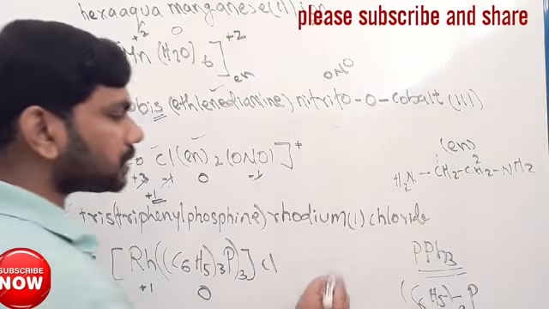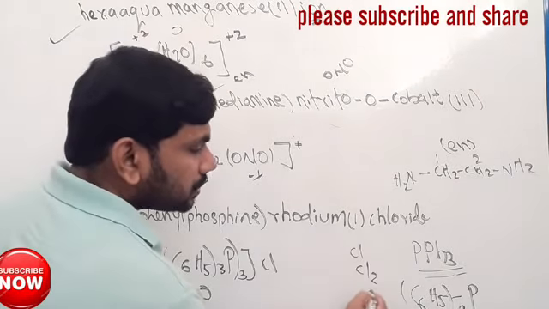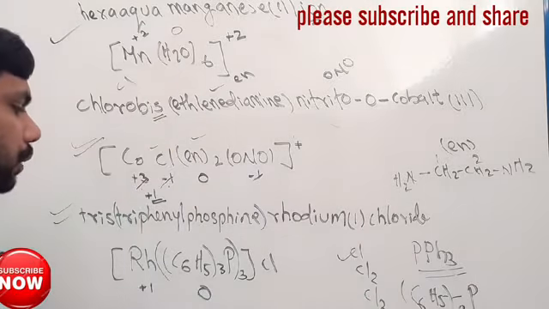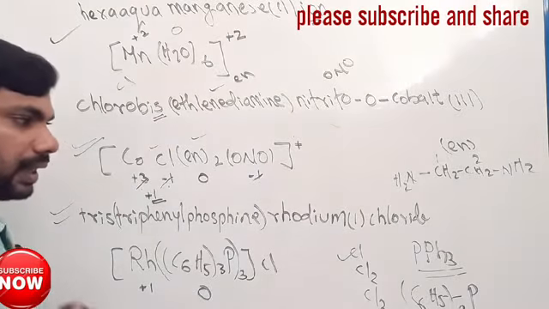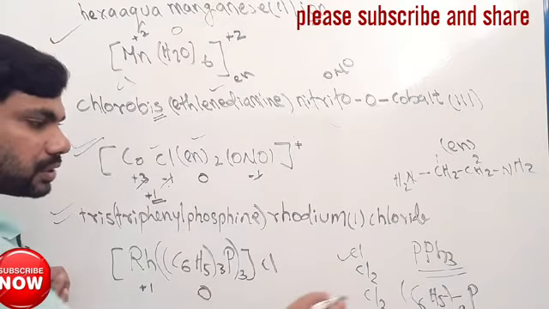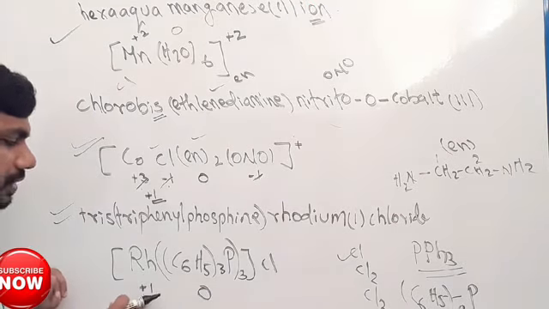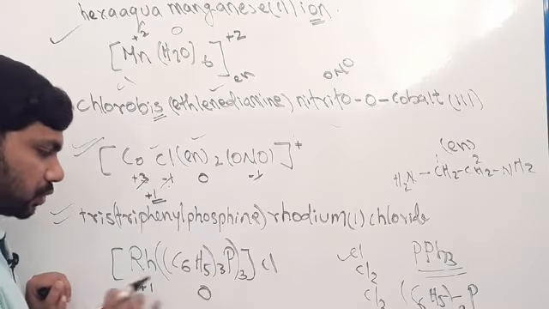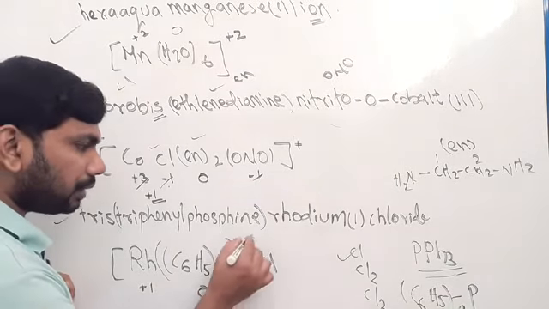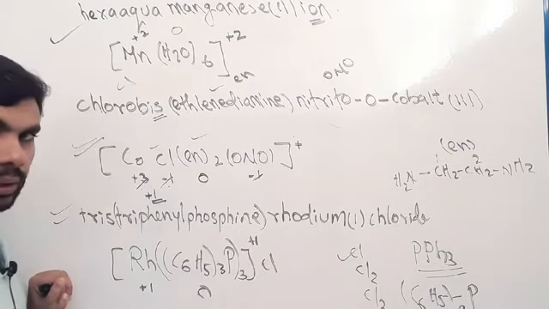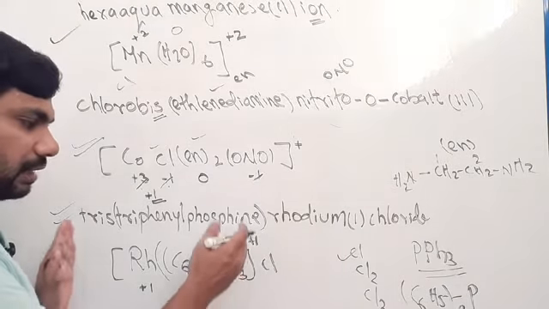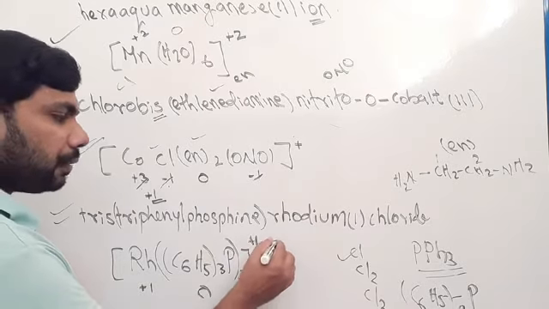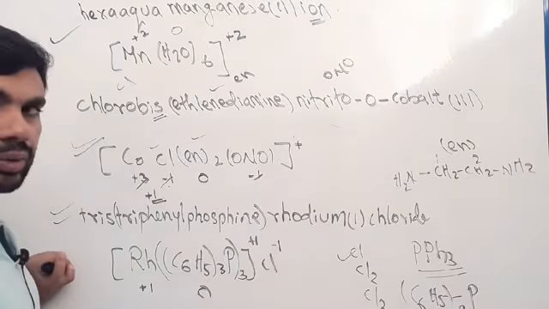So there are many possibilities, maybe Cl, Cl2, Cl3. Here we choose Cl. Why here Cl, not Cl2 or Cl3? Look here, Rh is +1 and triphenylphosphine is 0, so the overall charge will be +1. The positively charged part is +1, so the negatively charged part is also -1.